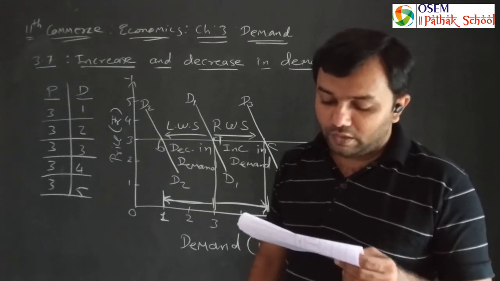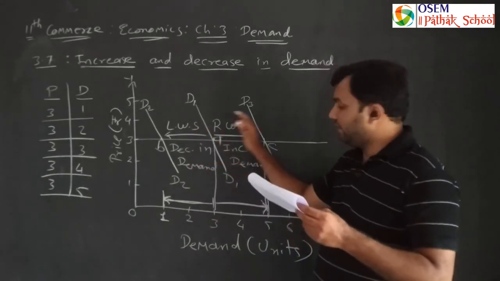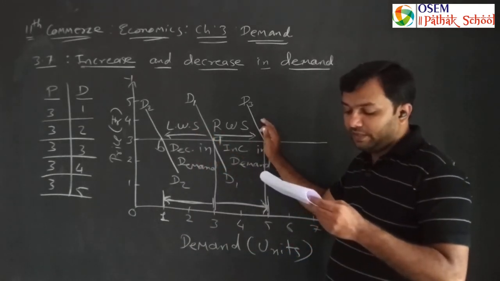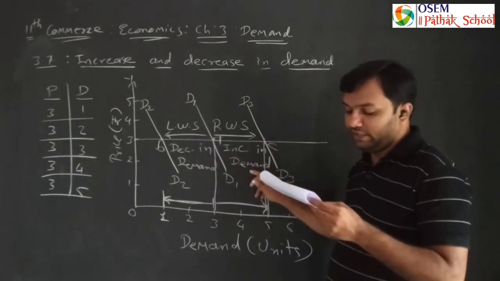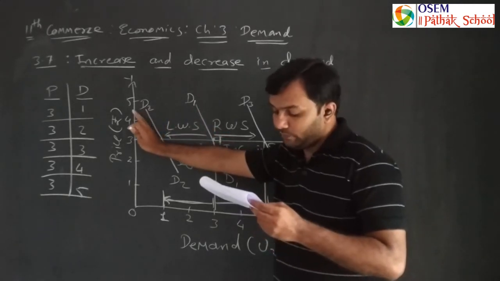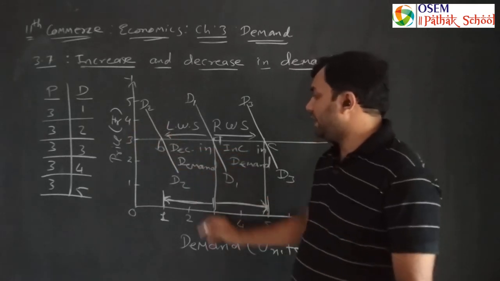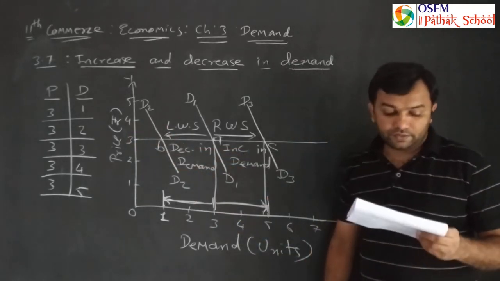Seen from the map of more than one demand curve, a rightward shift from D1 to D3 shows the increase in demand, and a leftward shift from D1 to D2 shows the decrease in demand, as we have already discussed.